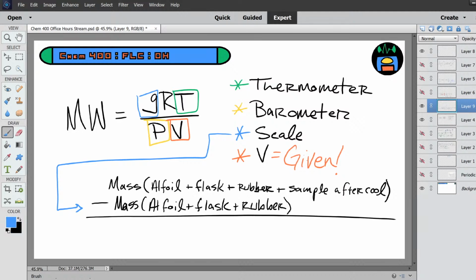And that difference there is the mass of the sample, in other words, the gas. So just taking the difference between those two will give you the mass of your sample of gas.